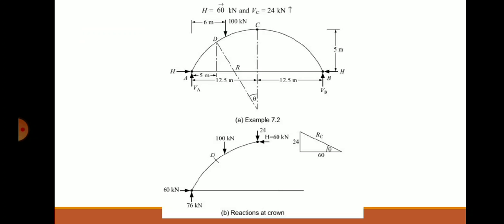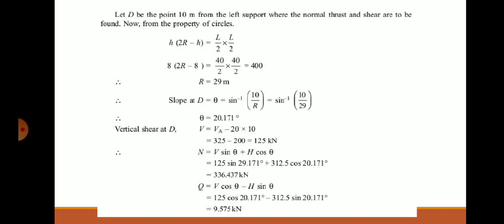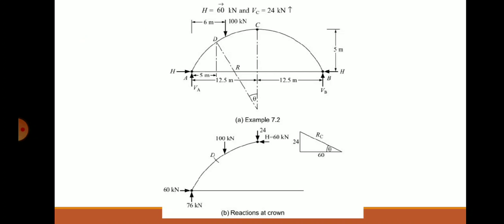Since there is a hinge at point C, take sigma M_C is equal to 0. Either you can consider the left side or right side. If you consider towards support B, there are no external loads, the only things are H and V. So, with those two things you can solve it, but when you consider the support A side, you have one vertical, one horizontal and the external loading.